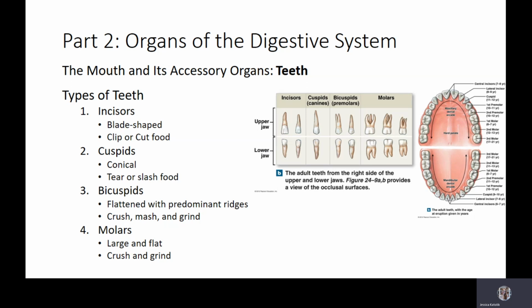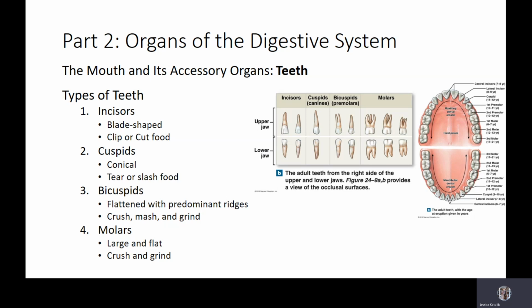Some individuals are going to be able to have their wisdom teeth, or their third set of molars, actually grow in, but other people are not. As humans have evolved from our ancient species, our jaws have gotten much, much smaller compared to Australopithecus or things like that.